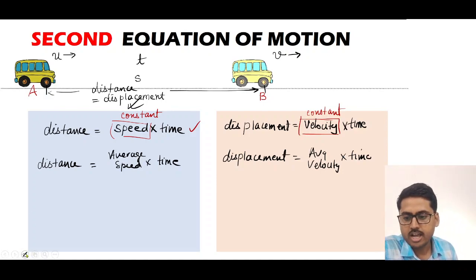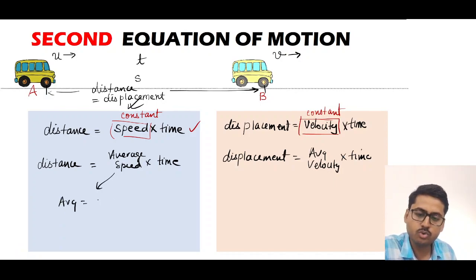So how can we calculate average speed? You have learned the formula. Average speed is equal to total distance covered divided by total time taken. You have done a lot of numericals based on this.